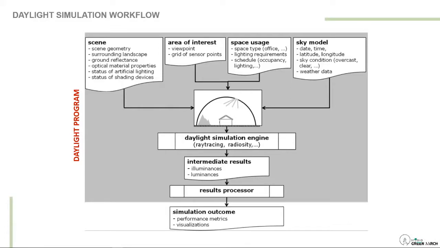Have you made the schedule? How will the space be used? Because in the first slide we already discussed that everything is dependent on occupancy and occupant behavior. Then we have the sky model. Then after setting all these four aspects of the simulation, it is thrown into the simulation engine.